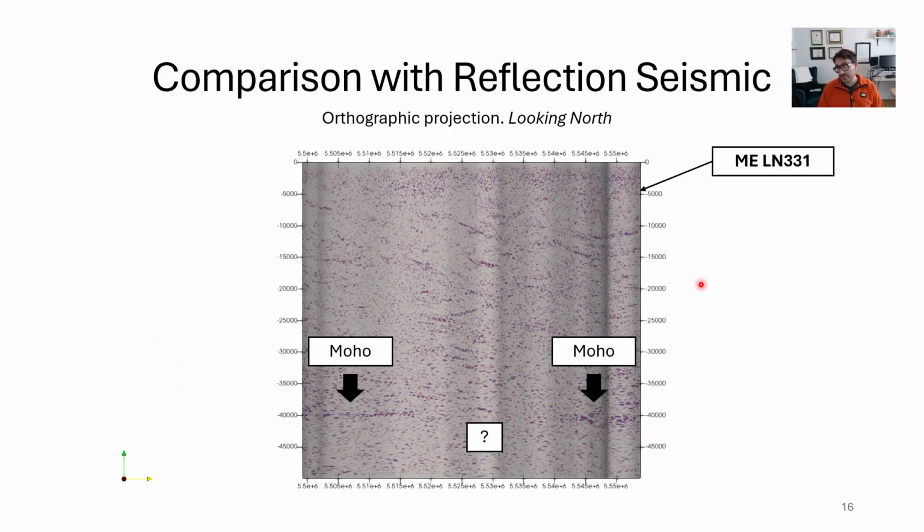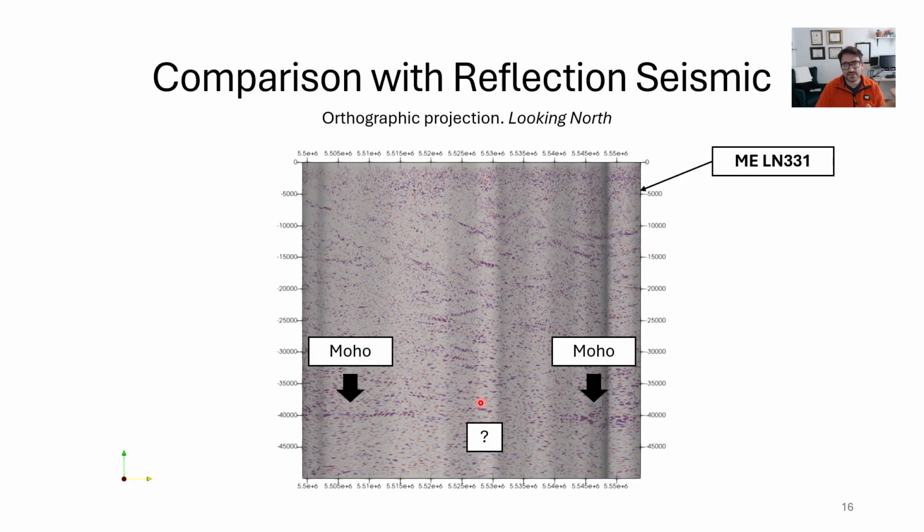We can also compare with the reflection seismic information. So here's the Sturgeon seismic reflection section. It's been enhanced just to help bring out some of the structures at depth. And on here, I'm just pointing out where I believe the Moho exists on these seismograms. So here at 40 kilometers, and again, it's picked up here.